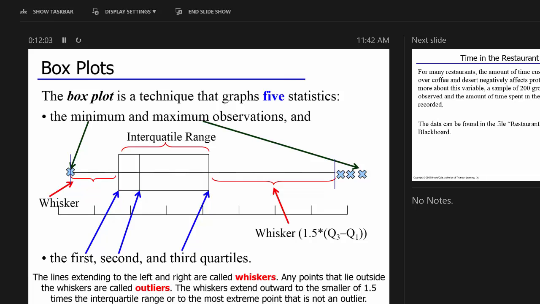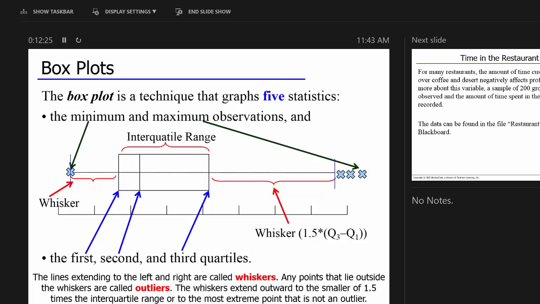Then there is a box in the middle, and the box is made around the interquartile range. Okay, so the lower boundary of the box is your Q1, the upper boundary of the box is your Q3, okay, the 25th and 75th percentile, and there is also a line inside the box, which can be in the middle, or towards the high or low end.